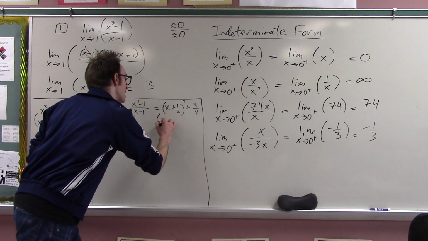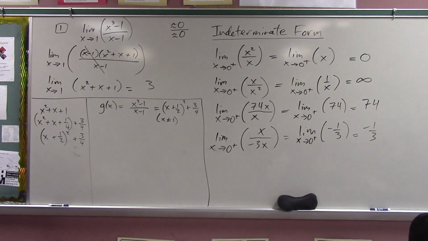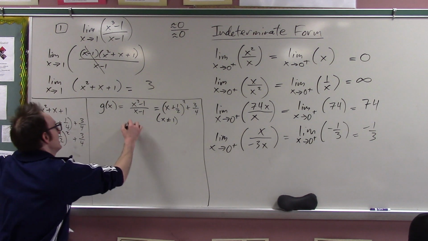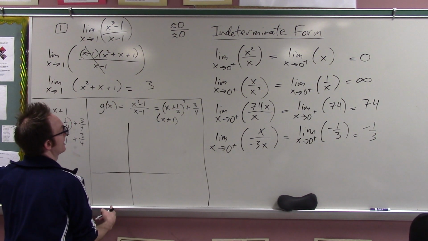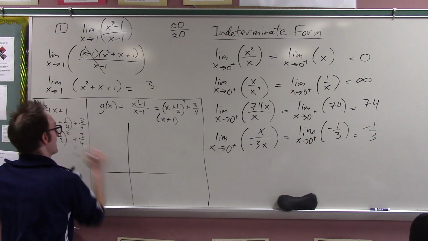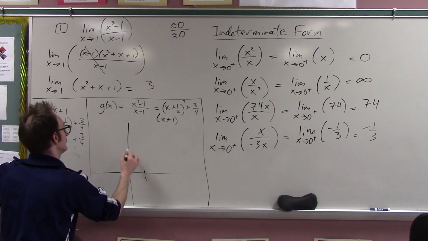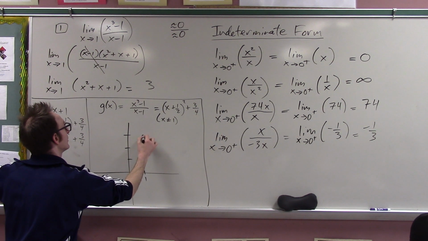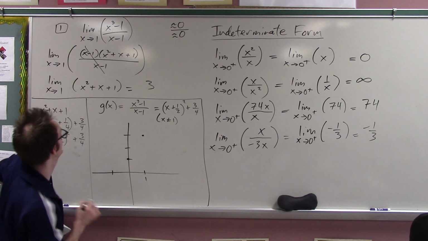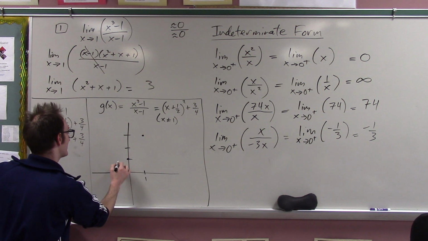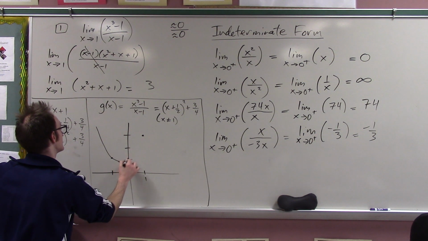So as long as x is not 1, I can make a picture of this whole thing. When I plug in 1, I get 3. Boom. When I plug in 0, I get 1. There's a vertex at negative a half comma 3/4. And it's symmetric because it's a parabola.